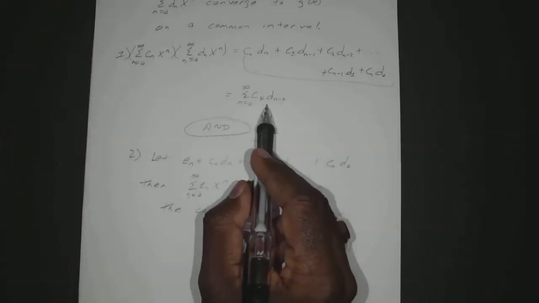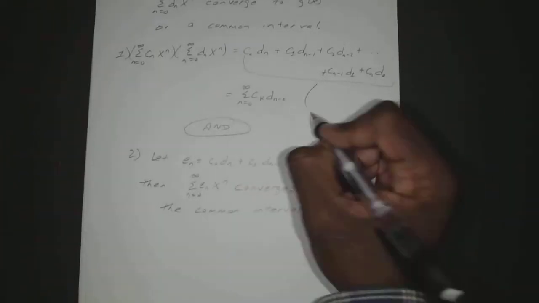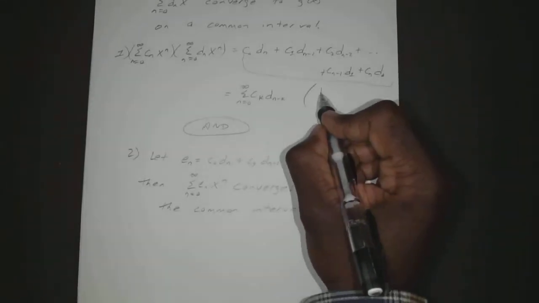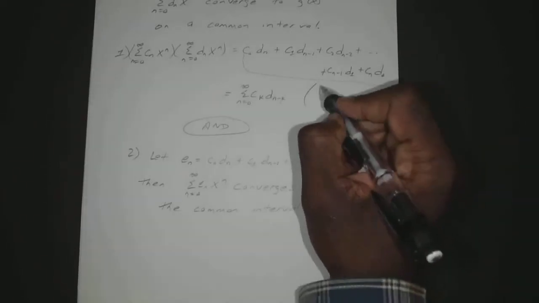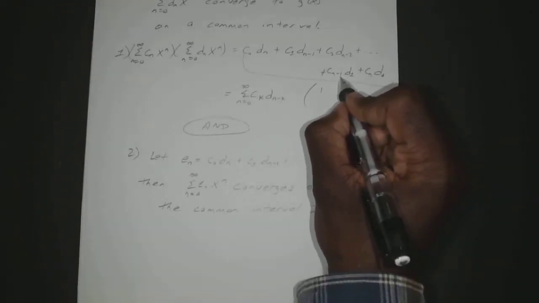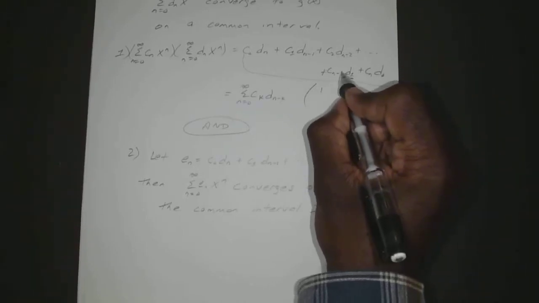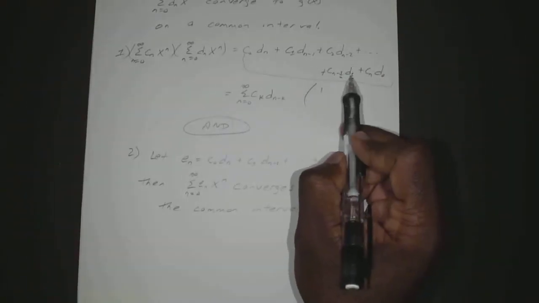So k is really just your values here that match up.